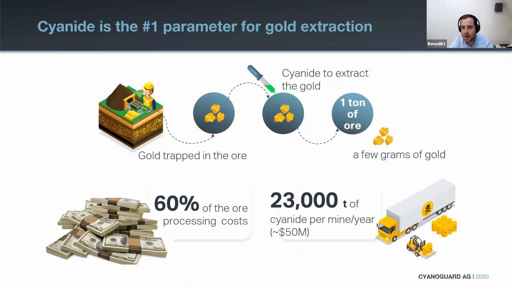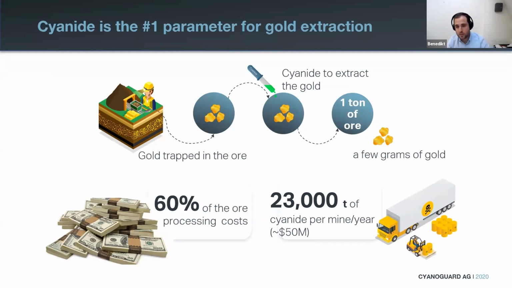As most of you know, cyanide is the most commonly used and only really industrially viable compound that can extract gold from ores efficiently. And it's a key cost driver, not only due to the high consumption, but also to the ever rising prices. What we've seen is that many mines with declining ore grades require more and more cyanide, and that also leads to high demand for cyanide.